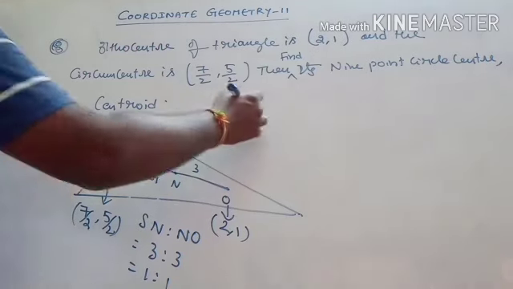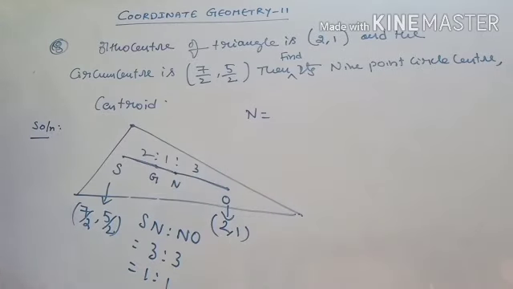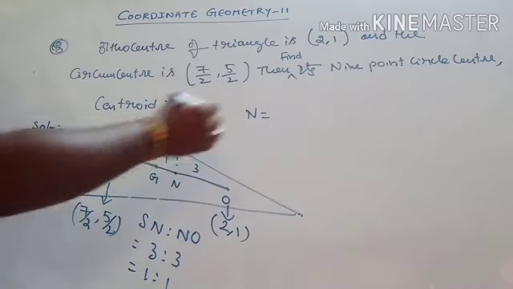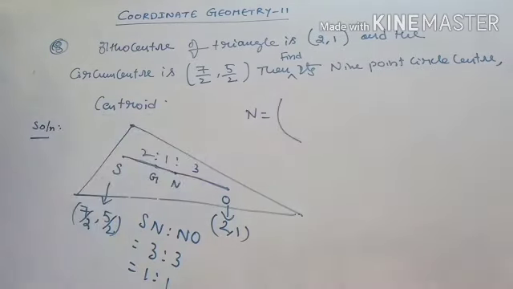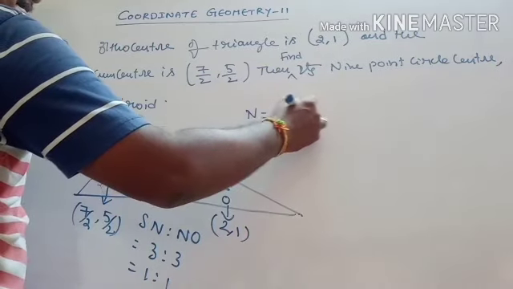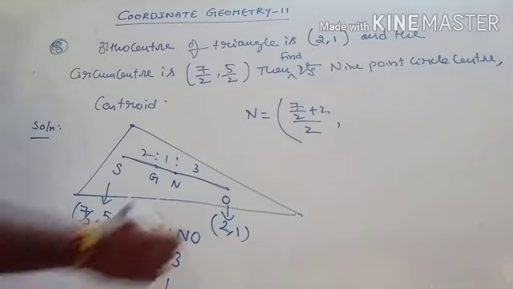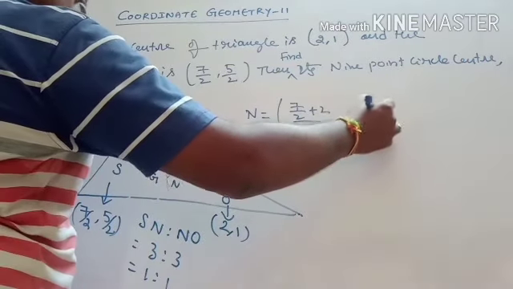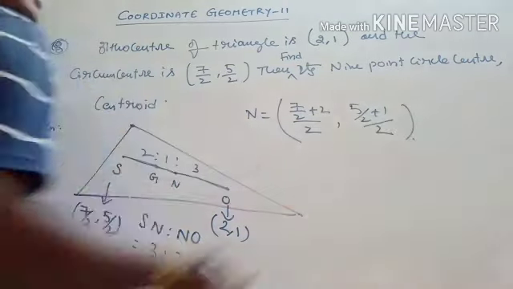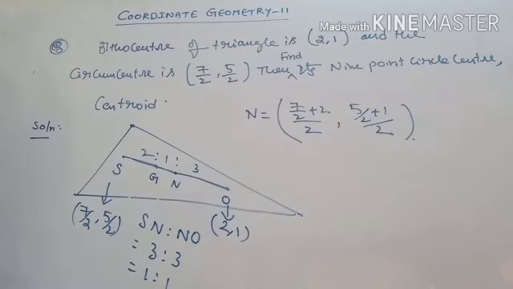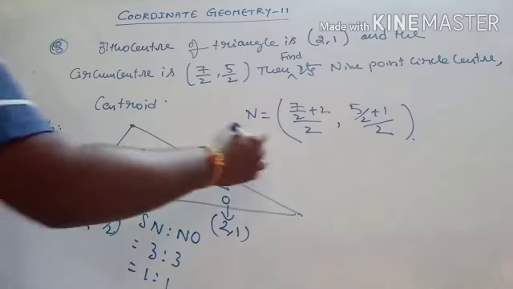Therefore now we will get N, the 9-point circle center. N is nothing but the midpoint of S and O. That is 7 by 2 plus 2 by 2 comma, right, 5 by 2 plus 1 by 2. Right? This if you get, we will get the 9-point circle center.